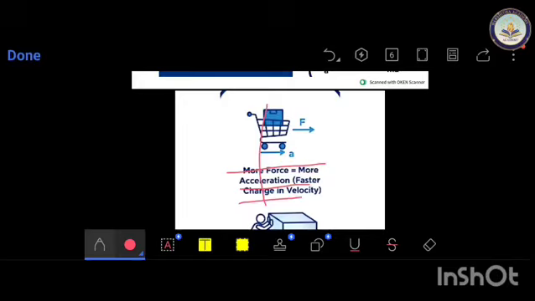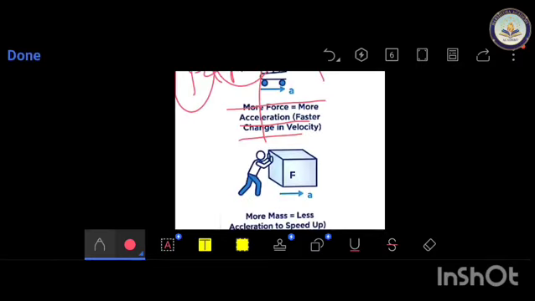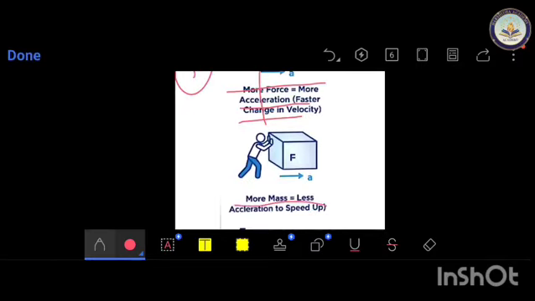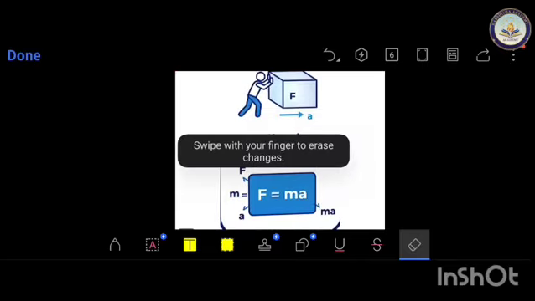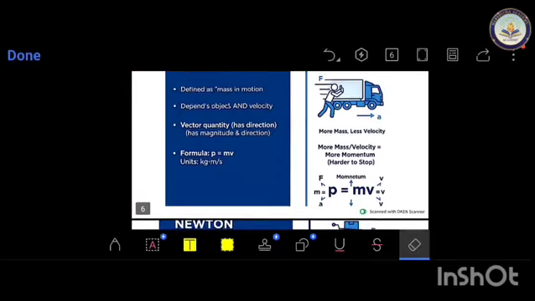Why is it more force, more acceleration? Because P is directly proportional to F, meaning momentum is directly proportional to force. The more momentum, the more force. Next, more mass, less acceleration, which means what we know about inertia is inversely proportional to this.